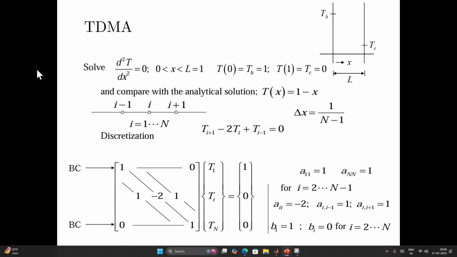So we will try to solve this problem. It's a second order differential equation. We have two boundary conditions. At zero, we have temperature TH, which is equal to 1. And at x equal to 1, we have TC, which is equal to 0.